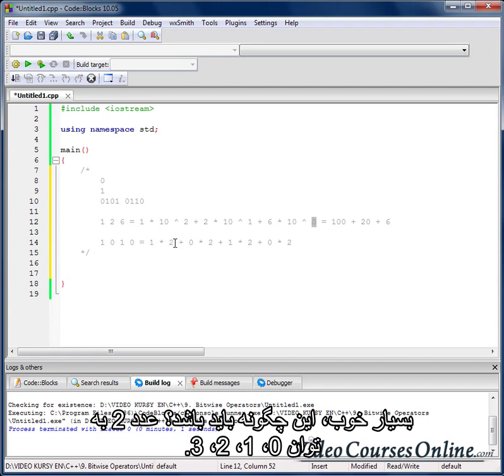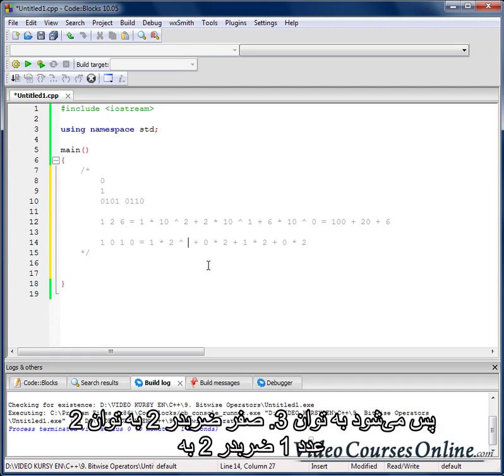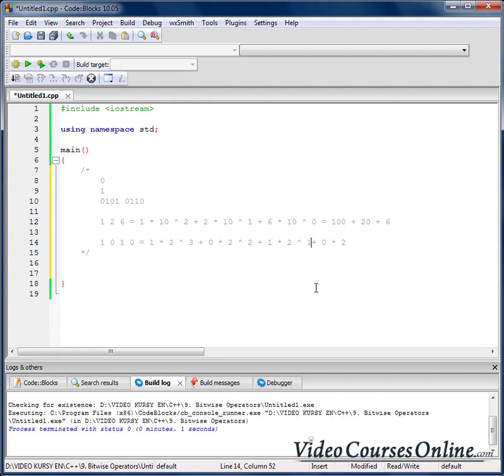Okay, so here is how it should be: 2 raised to the power of 0, 1, 2, 3. So to the power of 3, 0 multiplied by 2 to the power of 2, 1 multiplied by 2 raised to the power of 1, 0 multiplied by 2 raised to the power of 0.